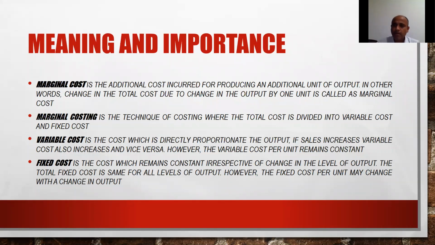Can you just tell me what will happen to the per unit variable cost? Go back to my example. I said 1 pen requires 10 rupees of material. So if I have to make 1 pen, I require 10 rupees of material. In my 3 months example, the first month output is 0, so 0 material cost.